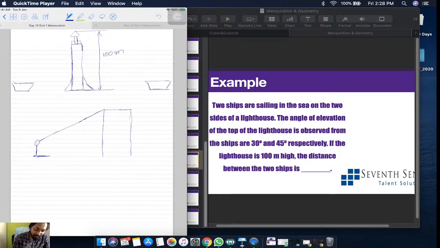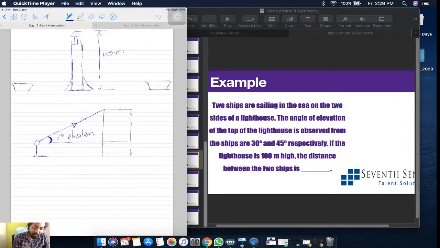The angle that is made to your horizontal, for whichever direction you are looking, is called the angle of elevation.